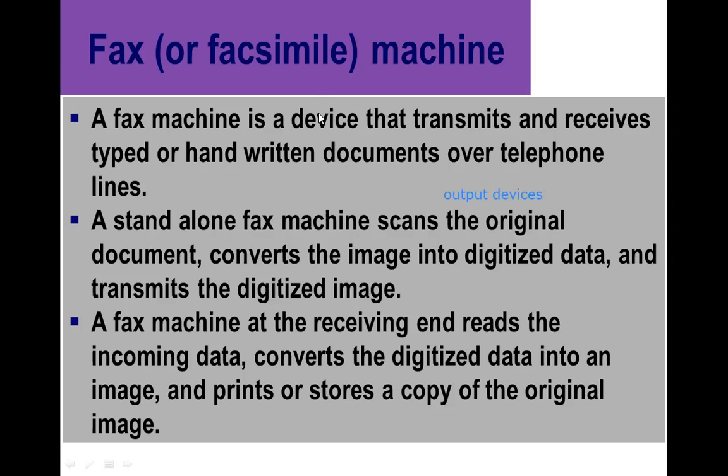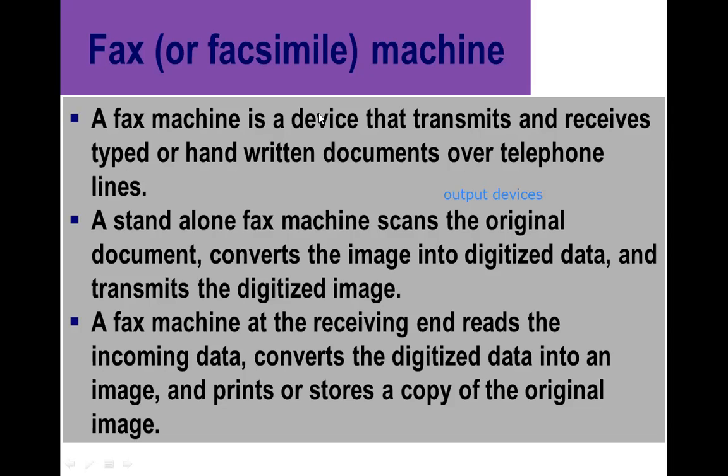After sending a message to the intended user, this user will receive this information. After receiving it, this machine will scan. After scanning, it will display and at the same time print out what is scanned. So this is a fax machine.